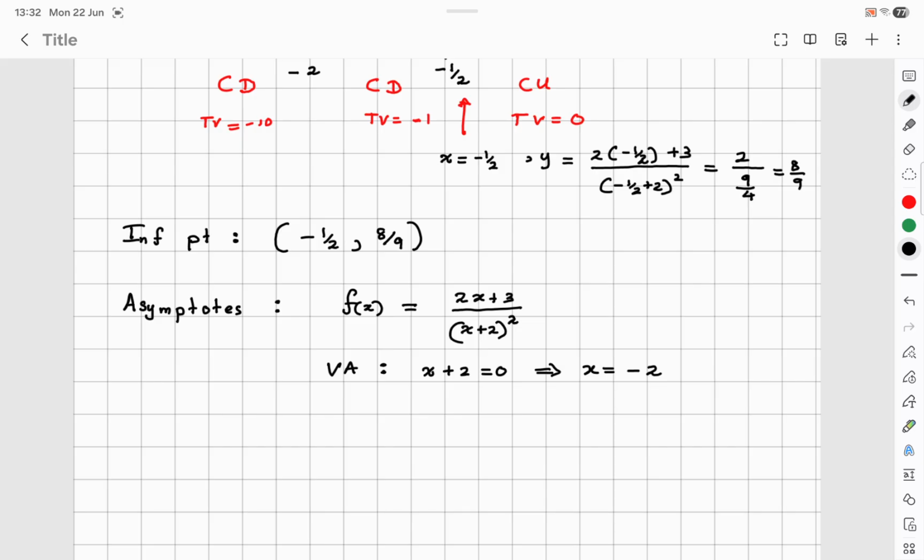The actual definition is, you can check what happens to f(x) when x goes to minus 2 plus or minus 2 minus. f(x) will go to infinity, no?